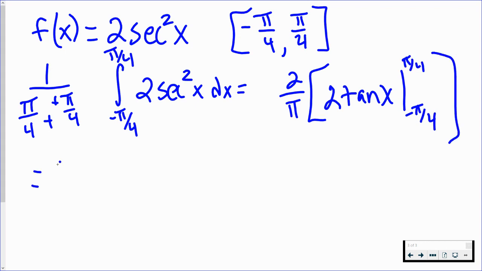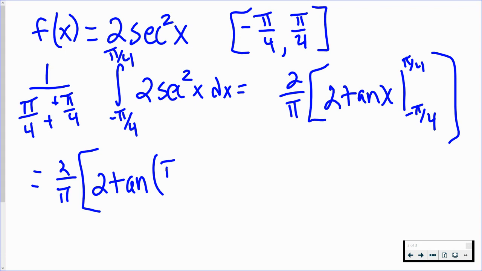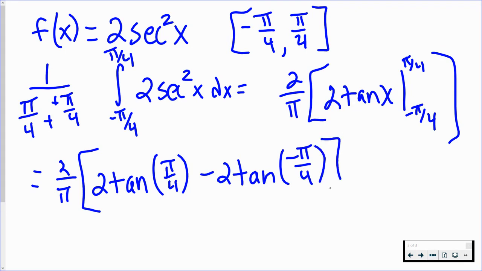So if we plug in, we have 2 over pi out front, 2 times tangent of pi over 4, minus 2 times tangent of negative pi over 4. Okay, so we have 2 over pi times, tangent of pi over 4 is 1, tangent of negative pi over 4 is negative 1.